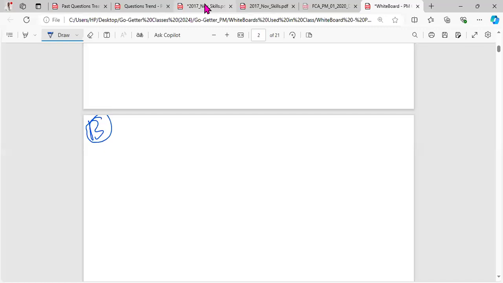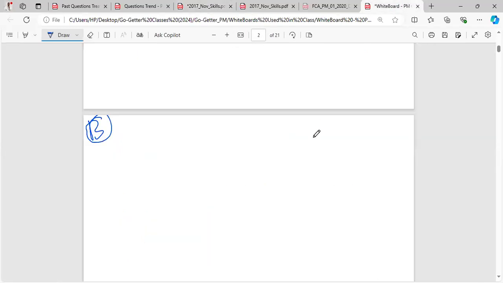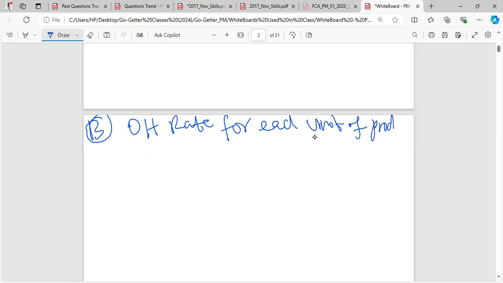What are we asked in the B? To look for overhead rates for each unit of products. That's what we are looking for.